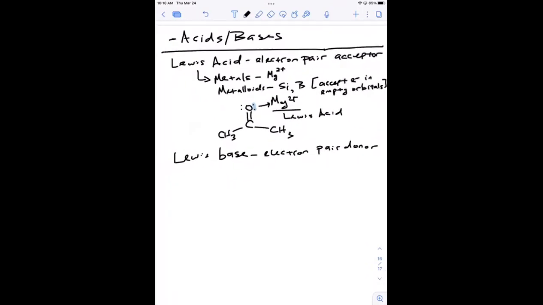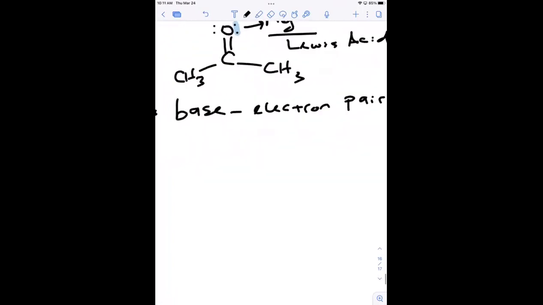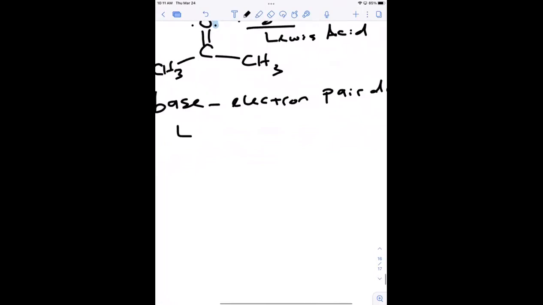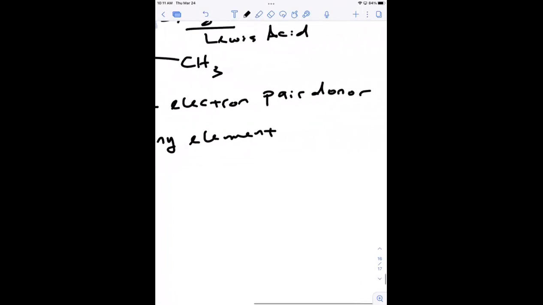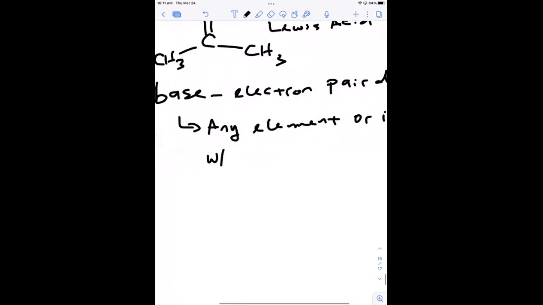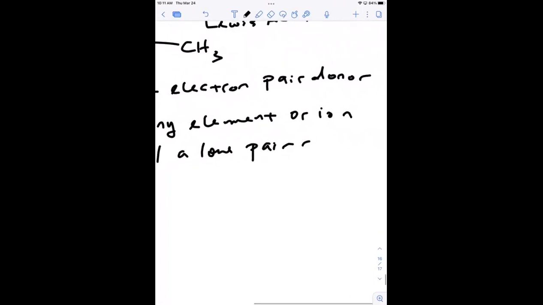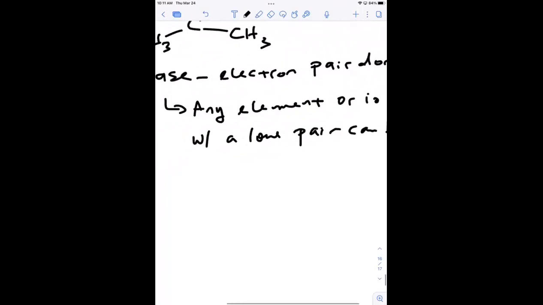So a Lewis base is an electron pair donor, right? Or an electron donor. Basically any element or ion with a lone pair of electrons can be a Lewis base.